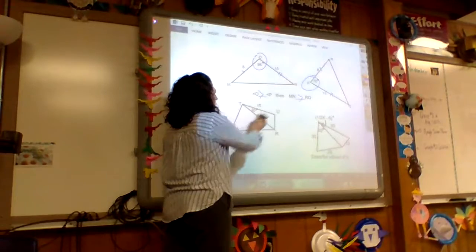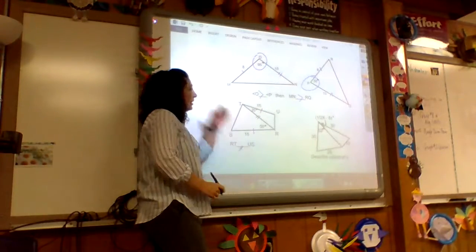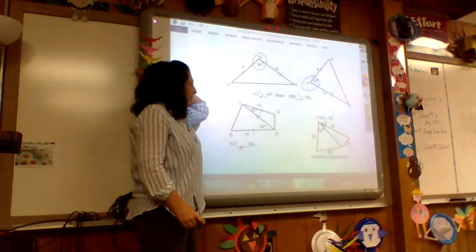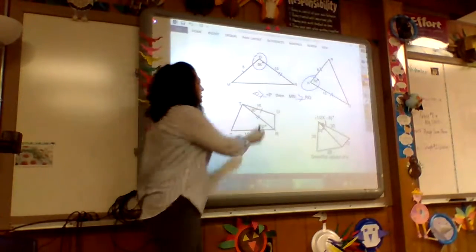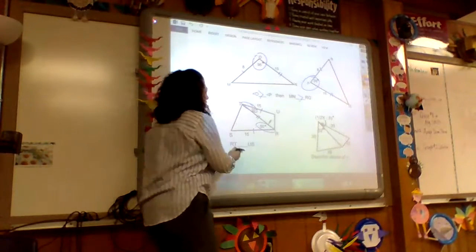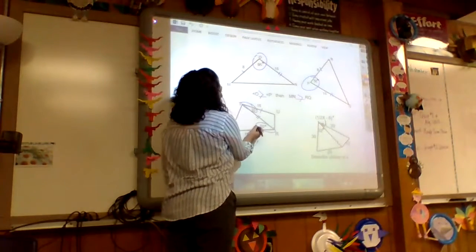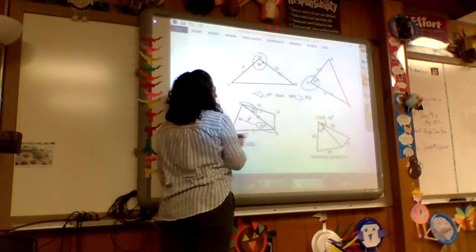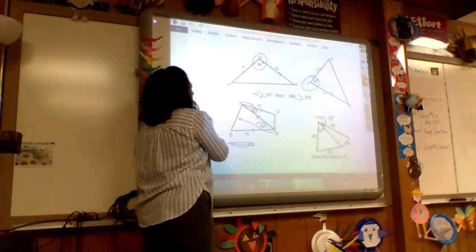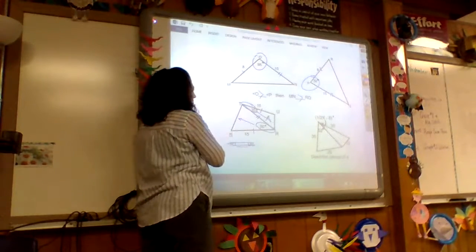SR and TU. Okay, so I always have to check, I do have two sets of equal sides, and now I can see where my hinge is, hopefully, in between. Here's the hinge, here's the hinge. So this is not actually written correctly. Across from the 50 is what segment, Tyson? T. Across from the 20 is what segment, Tyson?